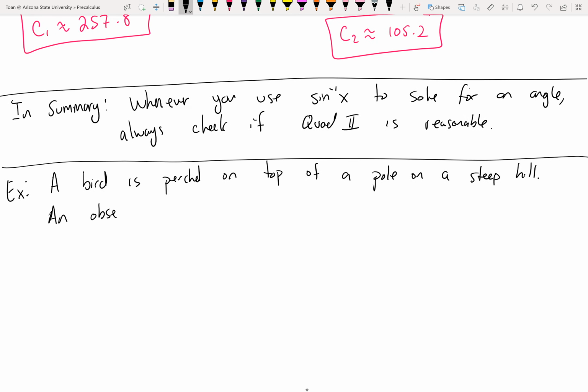An observer is 110 meters downhill from the base of the pole.